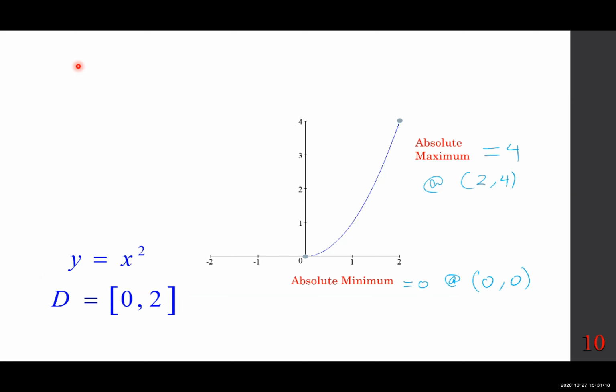Endpoints can only be absolute. Local has to be in the interior. All right.